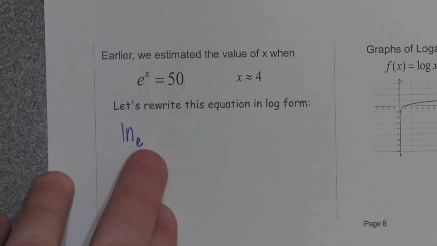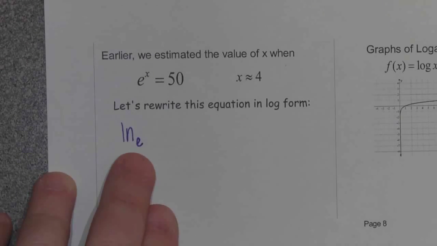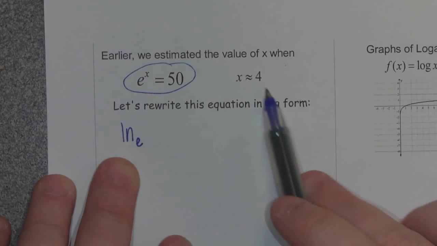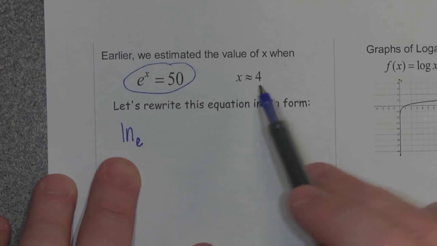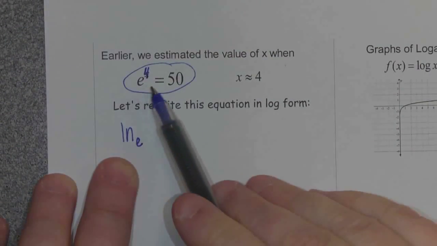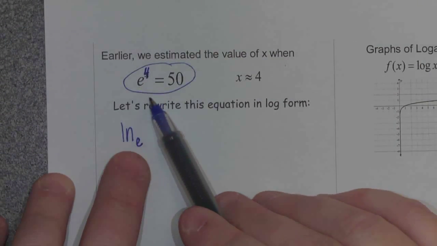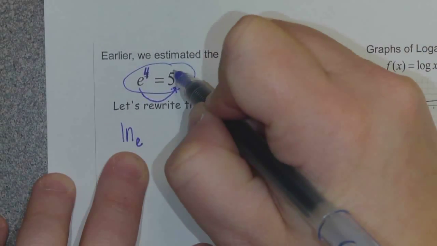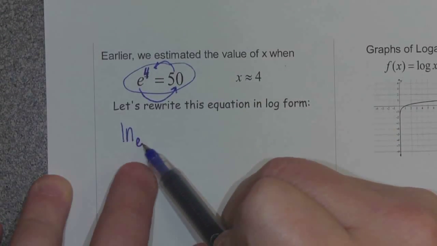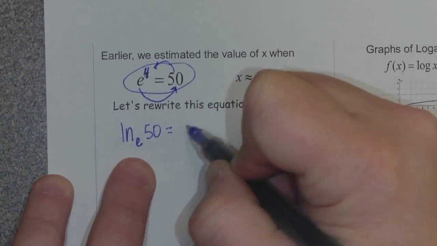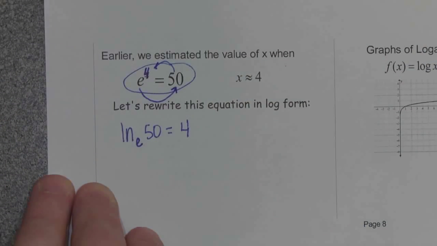So we don't normally show the base e there, because we don't have to, but we're going to rewrite this so that it's in natural log form. And they told us that x was approximately equal to 4, so there was a 4 up here. So think in circle here, because the circle still works on any kind of logarithm, so we'd have the ln base e of 50 equals 4.